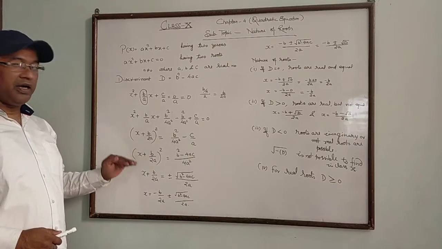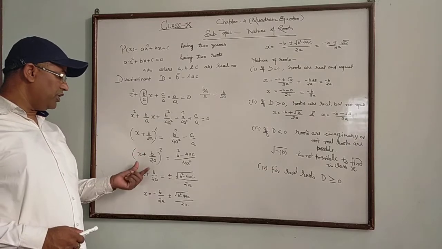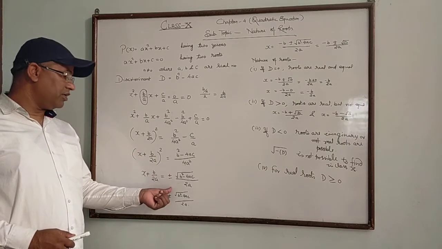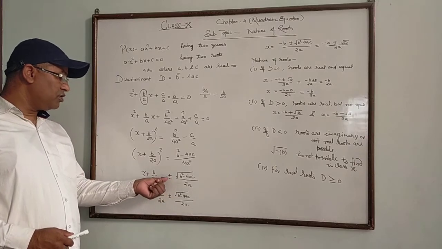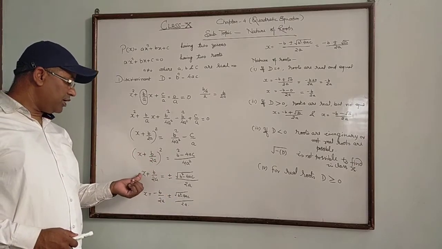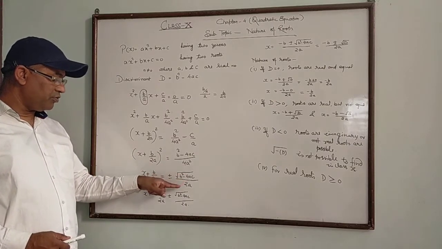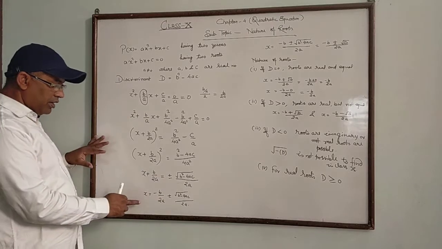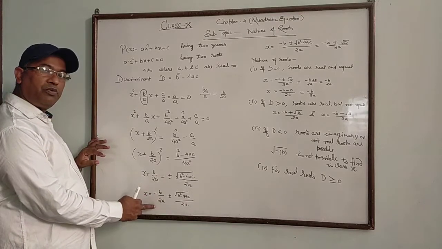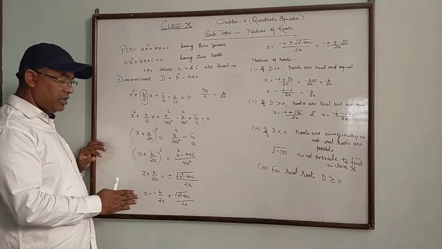When we find the square root of any value, always remember we get the value in plus or minus, because the square of these two values gives the same. So x plus b by 2a is equal to plus minus under root b square minus 4ac upon 2a. Now x equals minus b by 2a plus minus under root b square minus 4ac upon 2a.